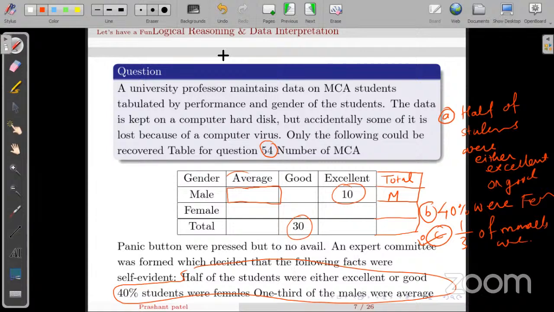No, we don't know how many goods there are, but we only know that 1/3 of male is there. So M is the total number. So what should come here? Obviously, it is M divided by 3.